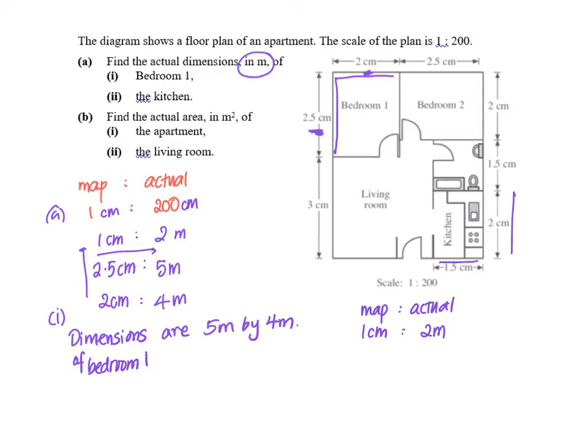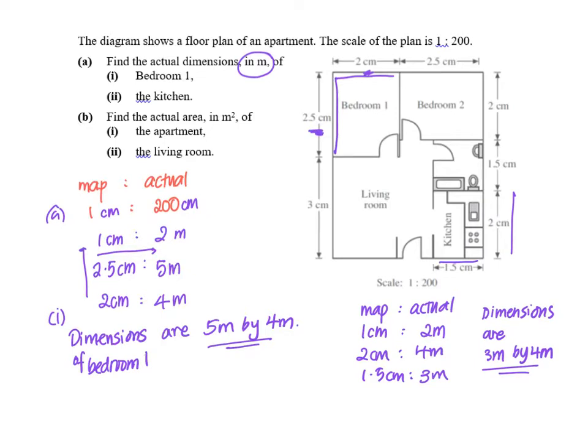So I'll take 2 cm, 4 meter, 1.5 cm, 3 meter. So the dimensions of kitchen, three meter by 4 meter. I can write the other way around also, 4 meter by 3 meter. Both can.